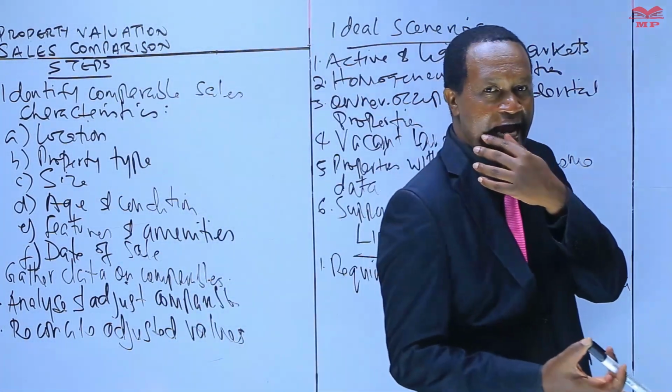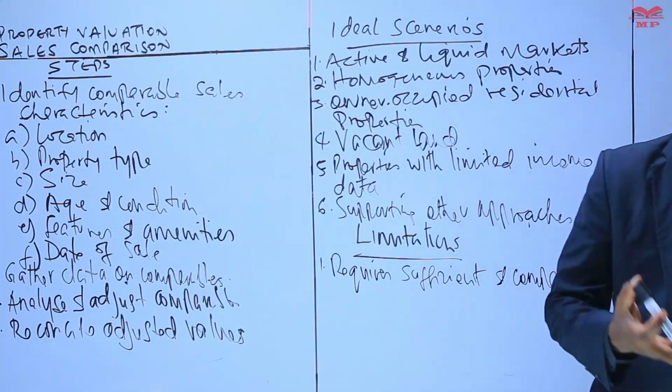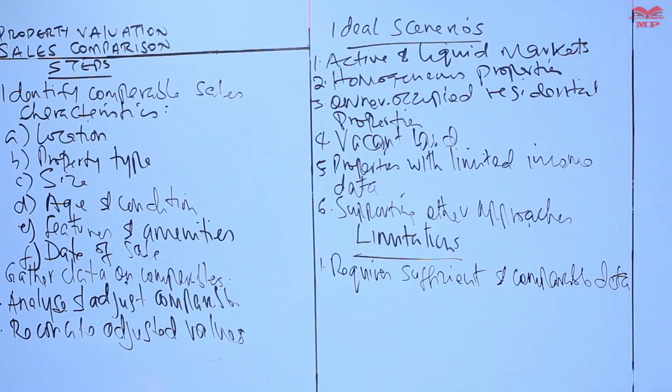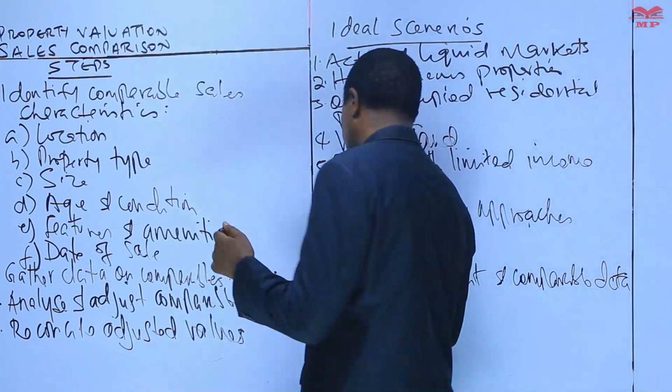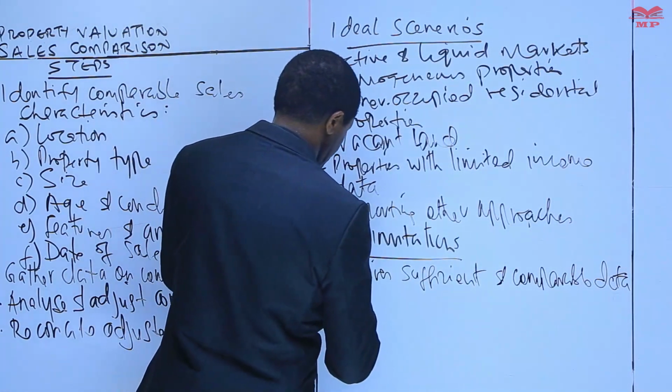And in markets with few transactions, or for unique properties with limited similar sales, the approach becomes difficult to apply reliably, and that can be a challenge in less active markets or even specialized properties and so on. It requires sufficient data, which may not always be available.